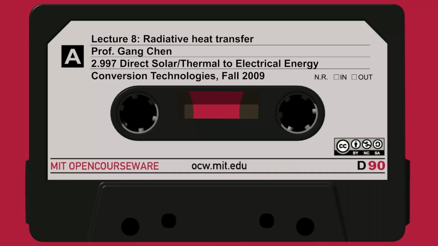A thermal engine, of course, is limited by the second law, the Carnot efficiency. You take the Earth temperature and the Sun temperature, and you get 1 minus 300 divided by 5777, which is about 90%. That's the absolute possible.